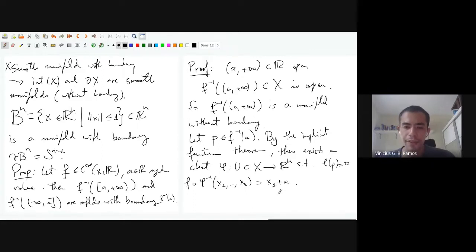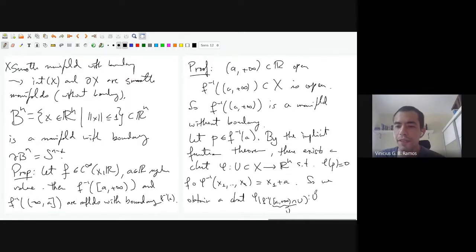So now we can just consider the chart. We obtain a chart which is just phi restricted to the preimage of A plus infinity intersected with U. Let me call this set U tilde. This will take U tilde into Hn.